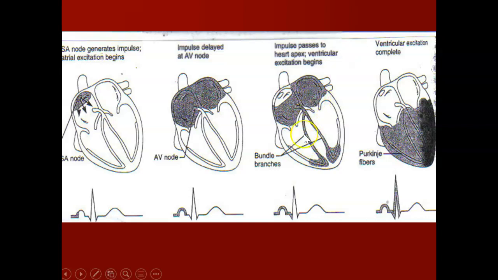It then travels down through the bundle fibers to the apex of the heart, the ventricles. It's located right here. These then contract and depolarize, causing ventricular contraction, which again is this QRS wave. And then we relax and start this process all the way back over again.